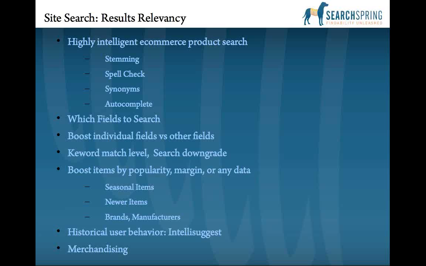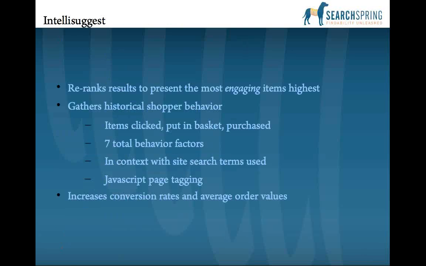And then a couple other things that really affect the intelligence of the site search relevancy: Intellisuggest and merchandising. And we're going to talk about those individually here in just a moment. So Intellisuggest is actually leveraging historical shopper behavior to benefit the intelligence of the relevancy ranking.